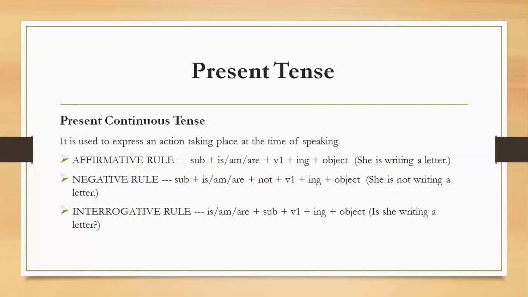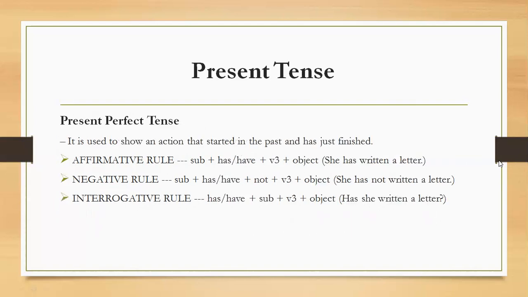It is used to express an action that is taking place at present. And here we have examples. She is writing a letter. She is not writing a letter. Is she writing a letter? All these are examples of present continuous tense.